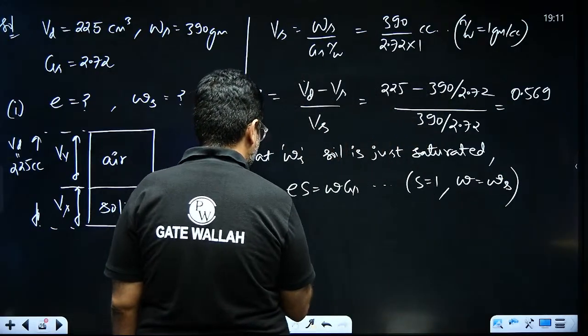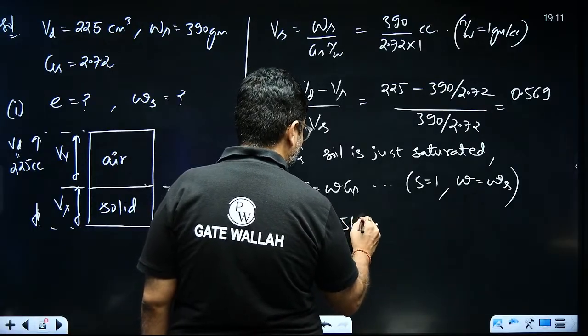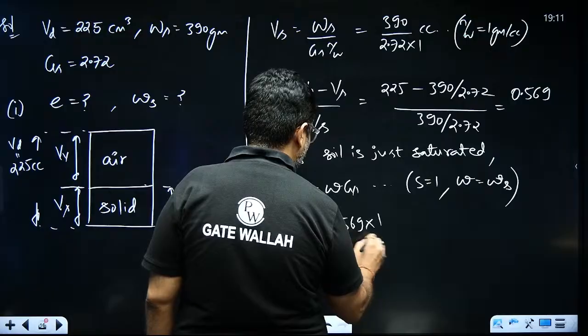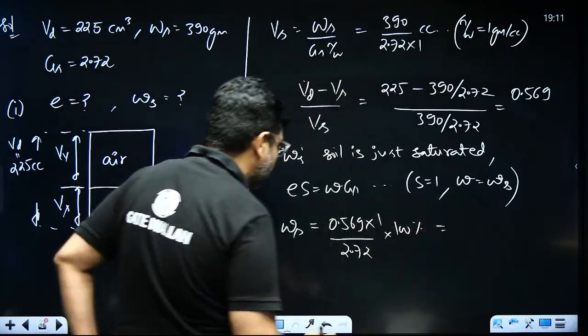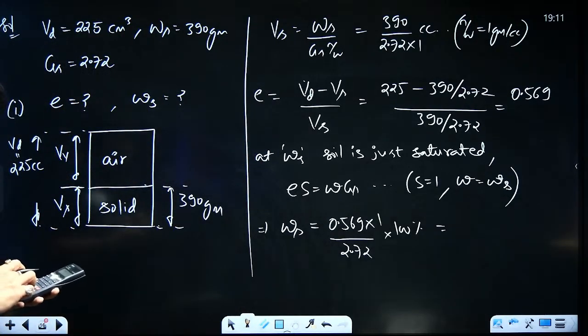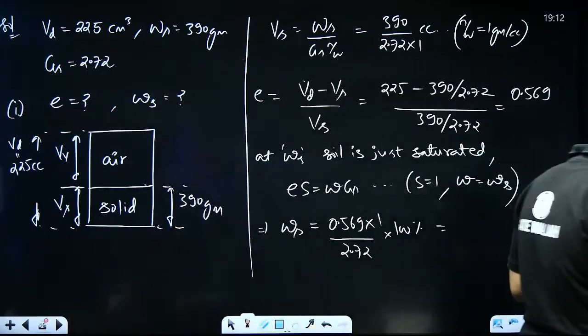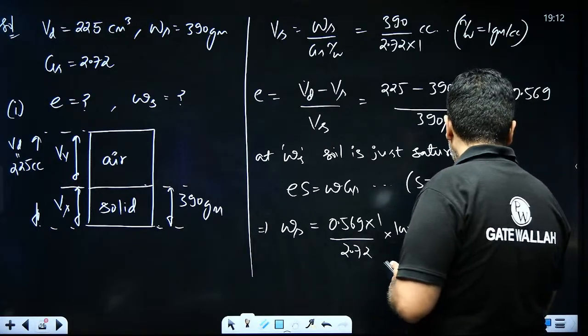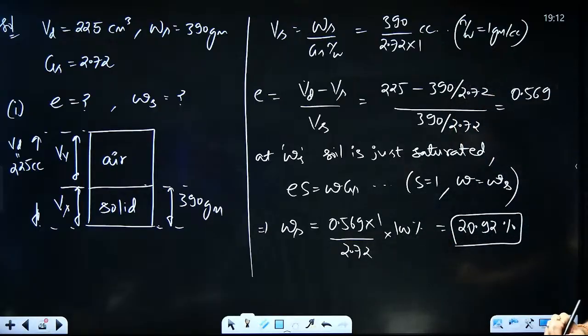So, ws is equal to e upon Gs, that is 0.569 into 1 upon 2.72 into 100%. How much answer are you getting? Tell me fast. Like this also you could have solved it, a different way of solving this question, but simple only. We have used Sevac's formula. It is 20.92%. This is my shrinkage limit.